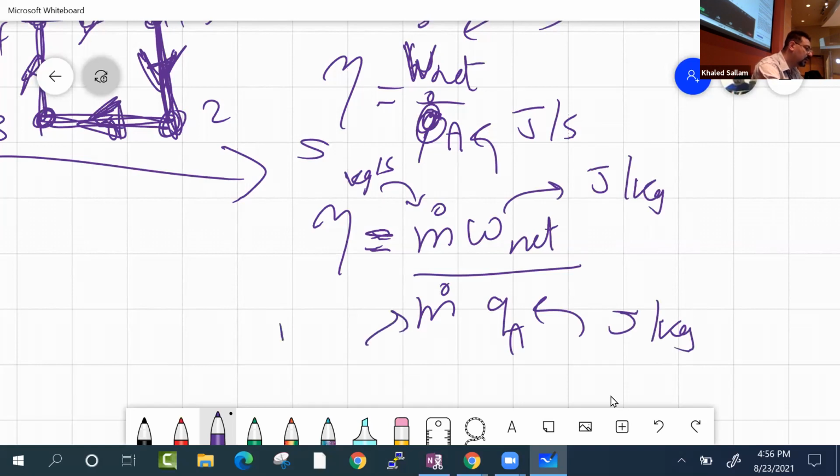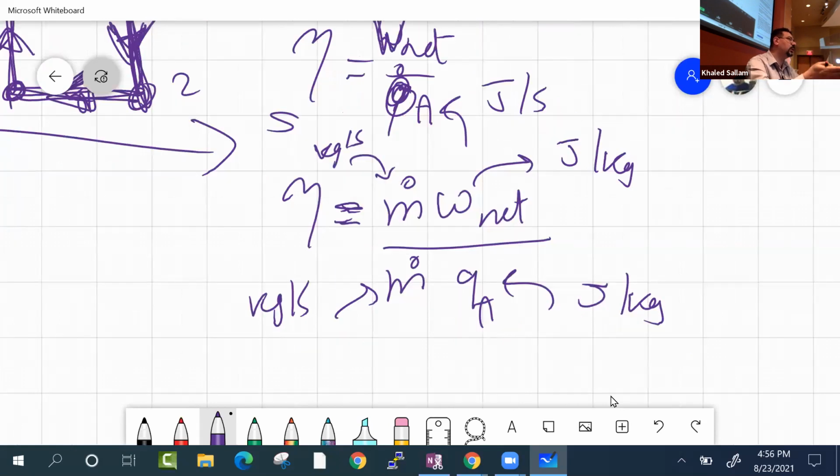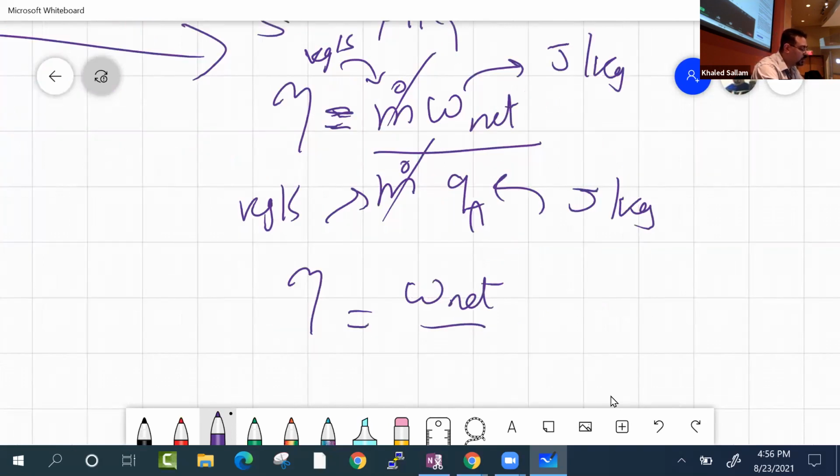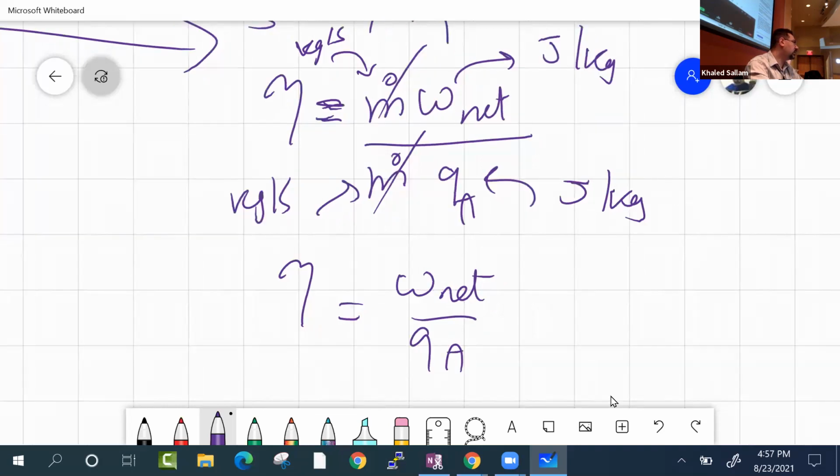So I still get joule per second, but you can cancel those M dots. And so eta becomes the specific work over the specific heat addition. What's nice about this is that it doesn't ask for M dot. But sometimes we want to ask about the M dot, how much does it take?